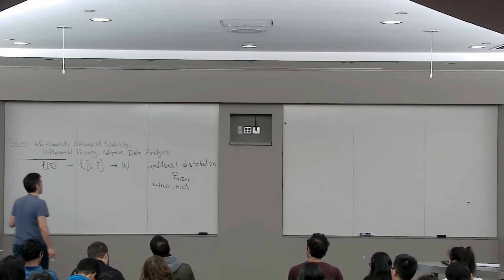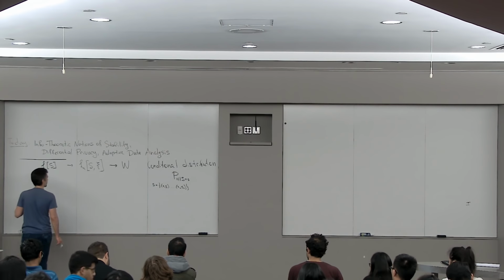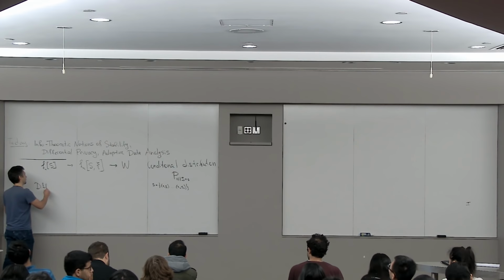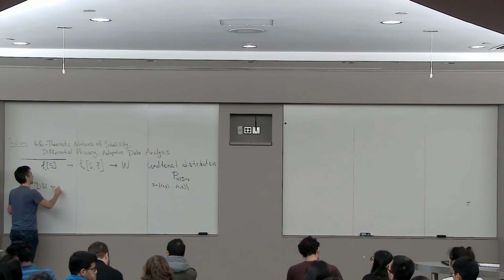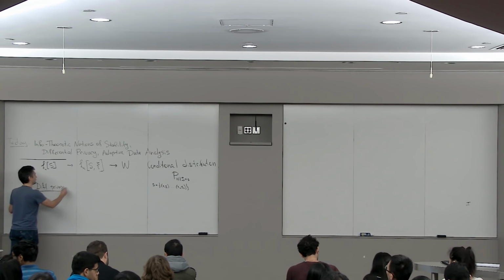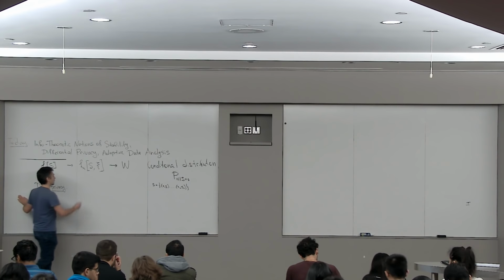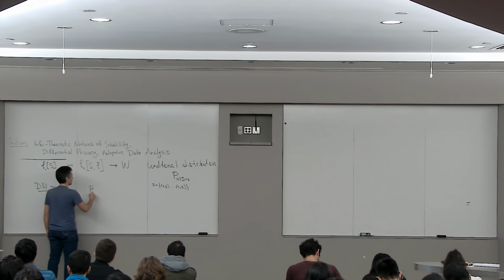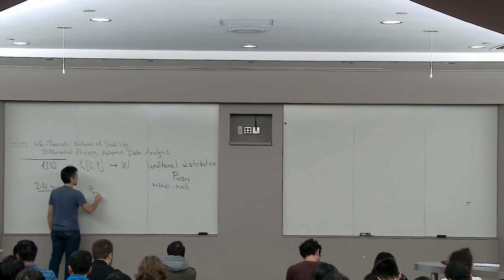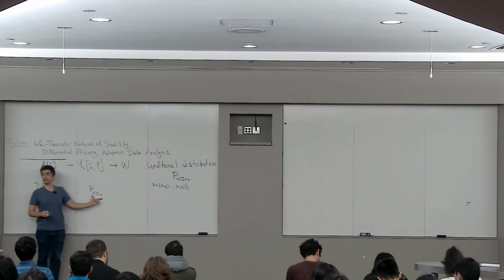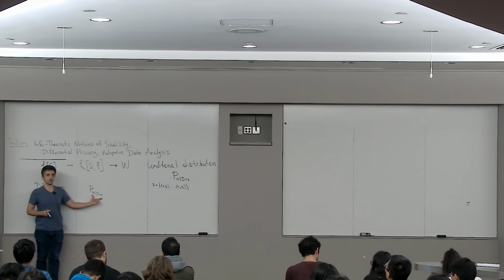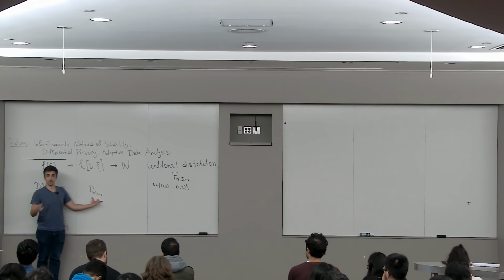So what is differential privacy? Let me just quickly jump into it. Differential privacy says that the probability of W given S equal to s, now this is a probability distribution, so what's the argument? It's a set.